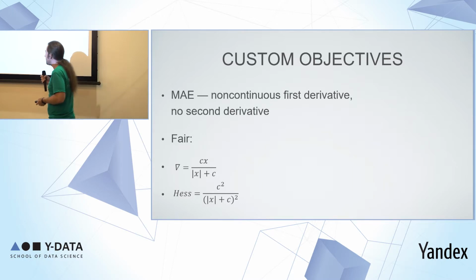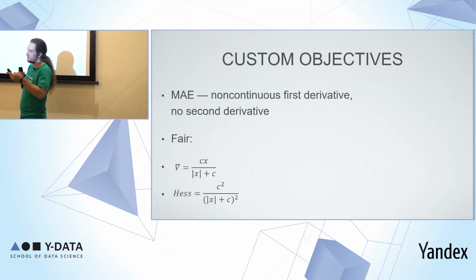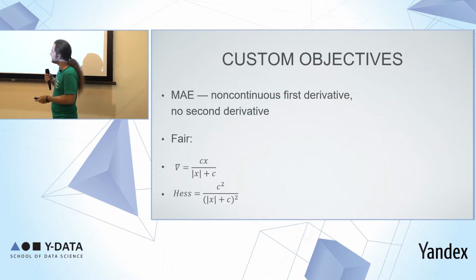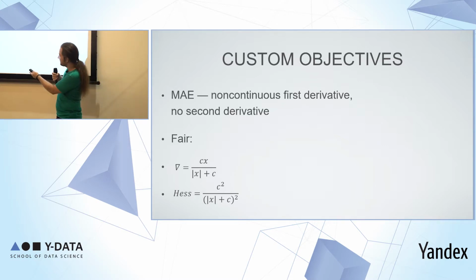So what are the custom objectives? First of all, we need these custom objectives because mean absolute error, if you're trying to take the derivative, is not continuous, and it doesn't have a second derivative, and that's what every library needs if you want to use a custom objective. So in order to do something similar enough to mean absolute error, but continuous, at least mostly continuous, there is an objective, Fair.